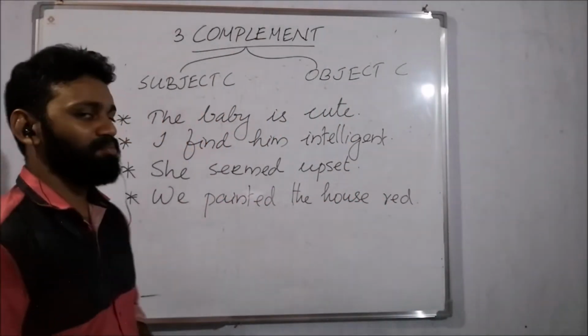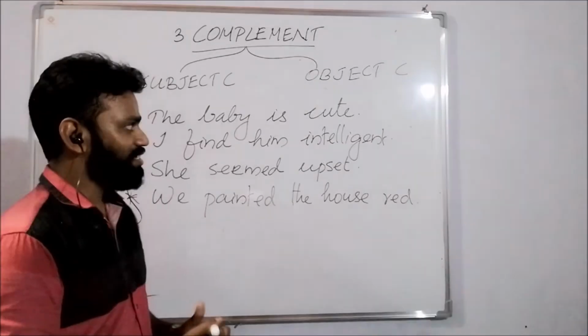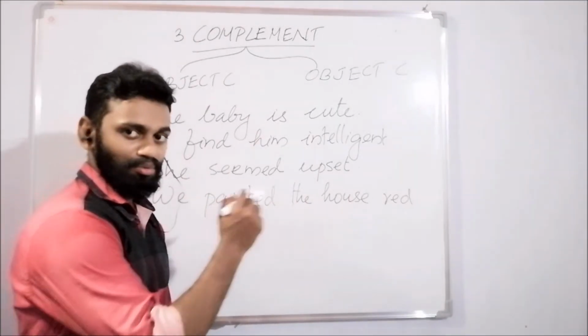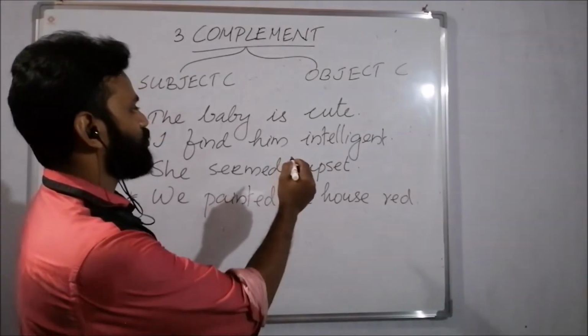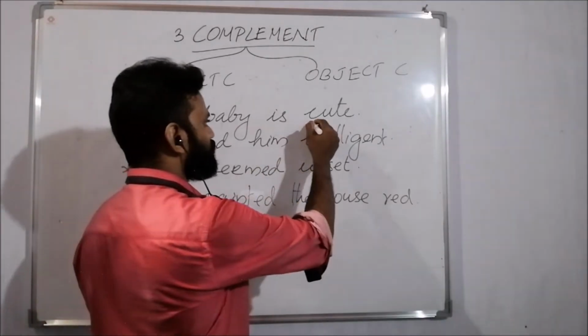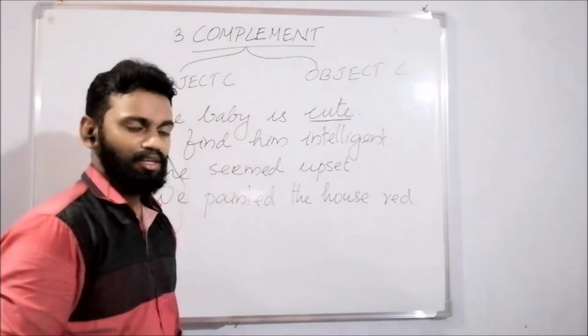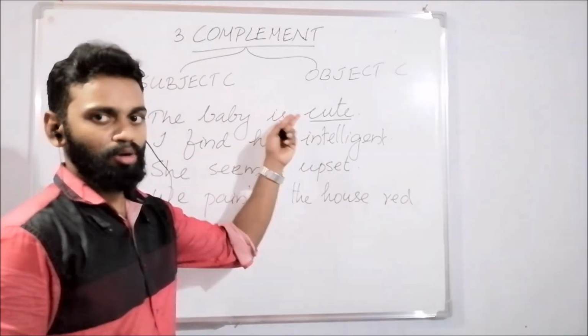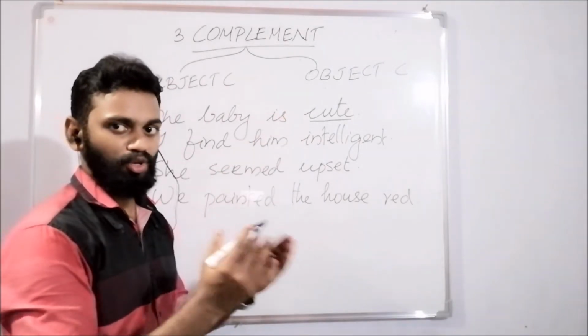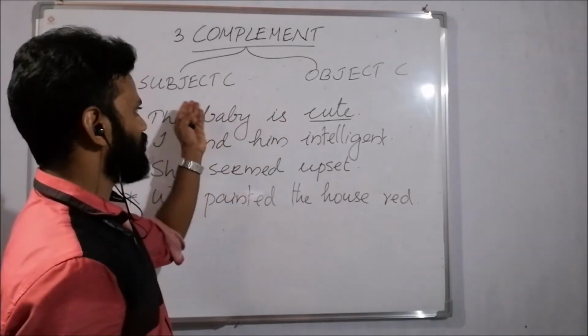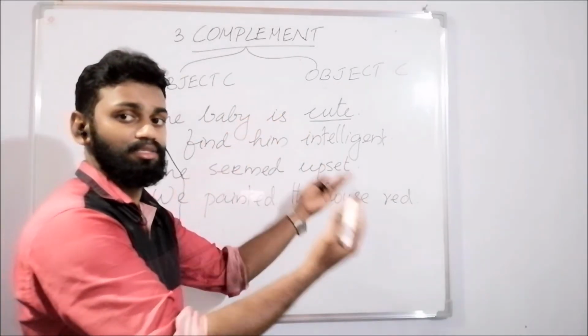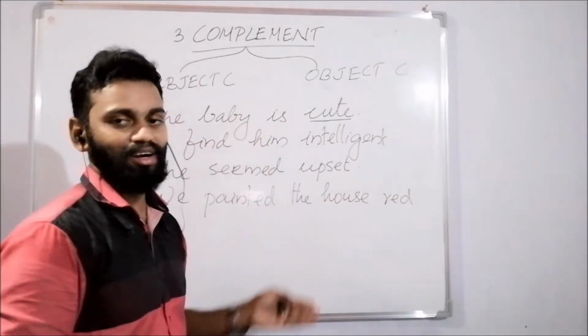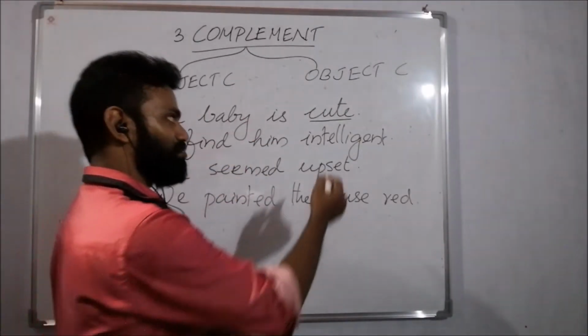Look at the first example. The baby is cute. Now, this word which comes after the verb is cute. Now, is it the object of the sentence? No, because cute is not another thing to whom the action is passing. It is just the quality of the baby.